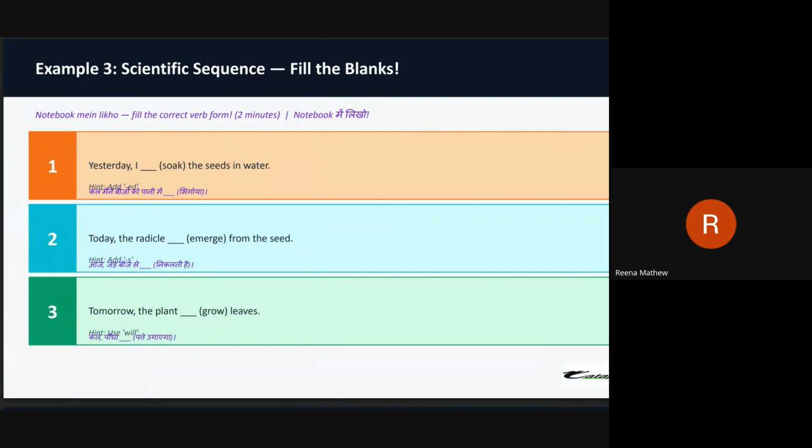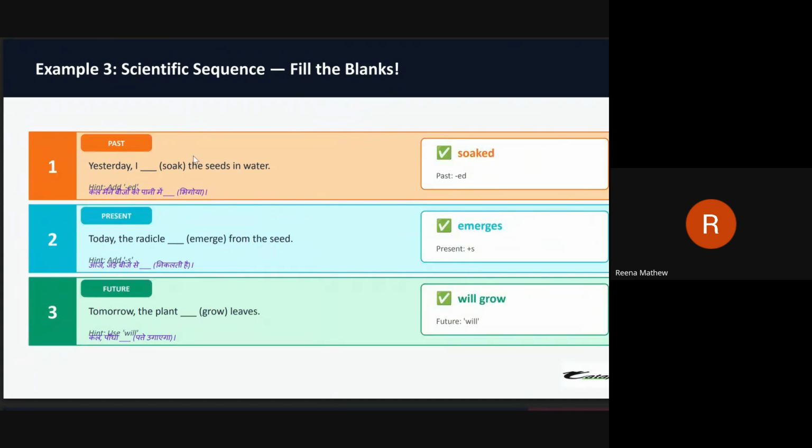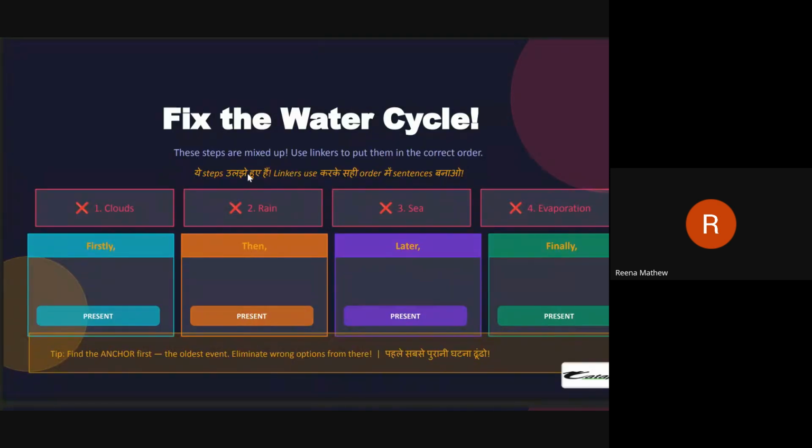Palak, you can move to the next slide. Okay, so I know that you have all read and studied about the water cycle. So there are four options: clouds, rain, sea, and evaporation. In the water cycle, what happens first?